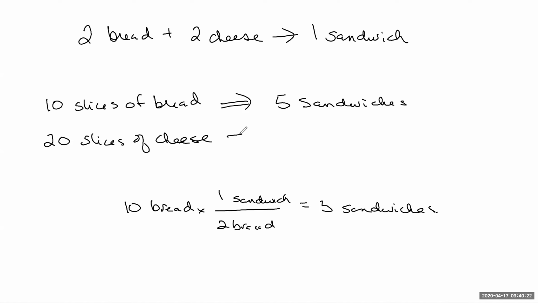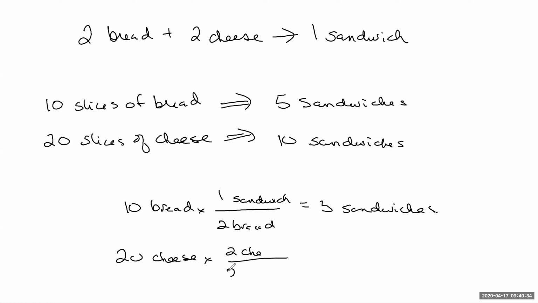If I have 20 slices of cheese and I'm using 2 on each sandwich, this would allow me to make 10 sandwiches. Again, I could show that: 20 slices of cheese times 1 sandwich per 2 cheese gets me 20 divided by 2, 10 sandwiches. So it's the amount of bread that limits how many sandwiches I can have.